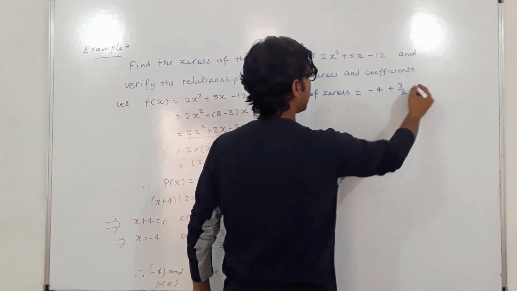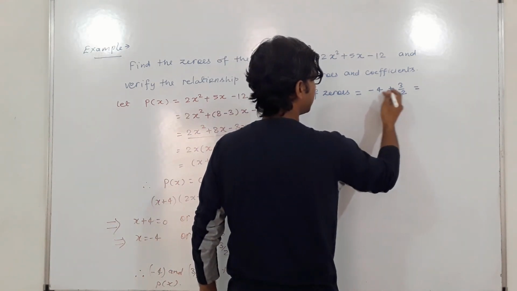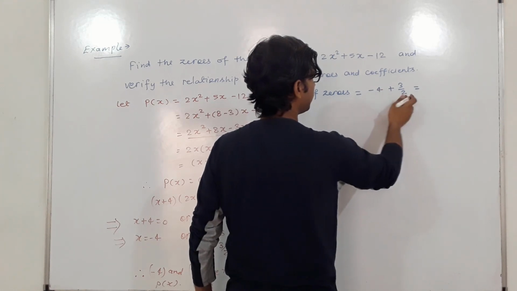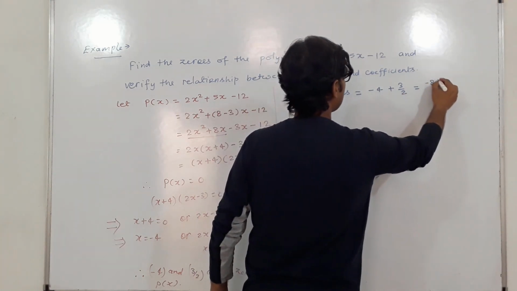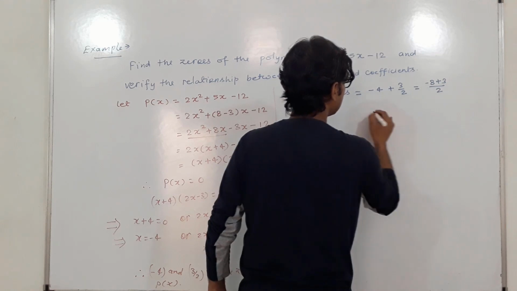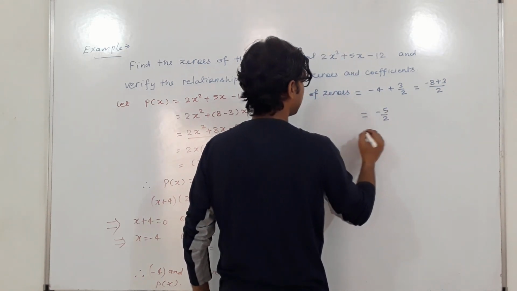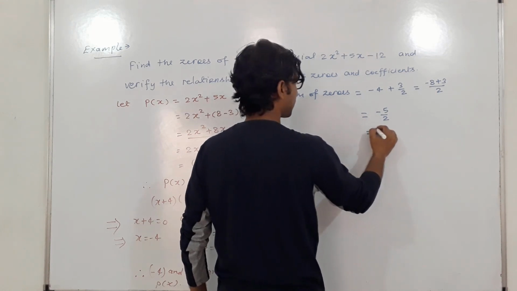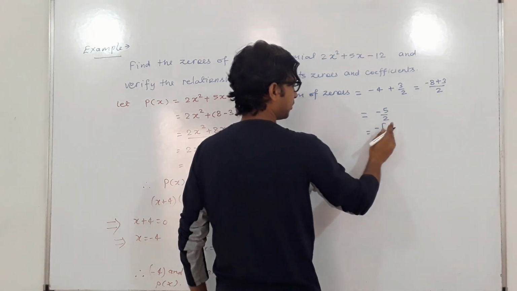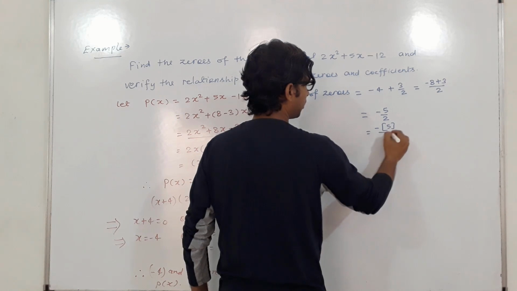So when we take LCM and then we solve, -4 into 2 is -8 plus 3 upon 2, which means -5 upon 2, and that means minus 5 upon 2.